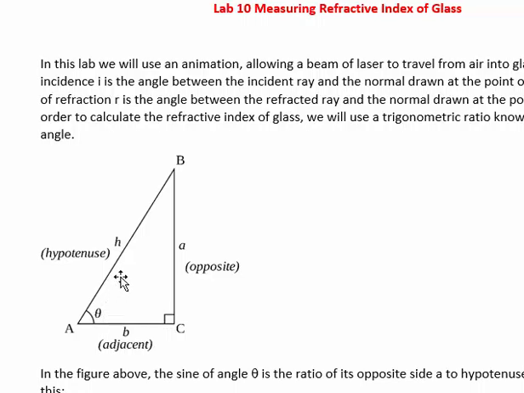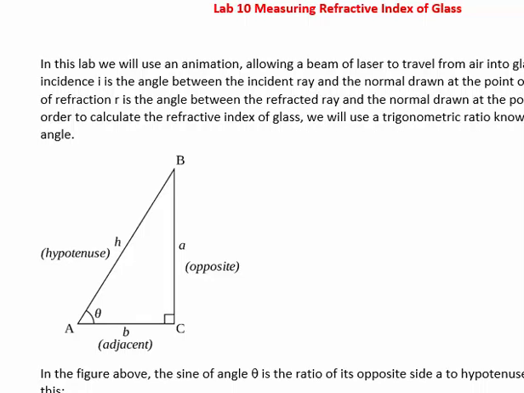The side opposite to the angle is called the opposite side, and the side AB is called the hypotenuse. Sine of the angle is opposite side divided by hypotenuse. So the ratio A divided by H is called the sine of this angle.